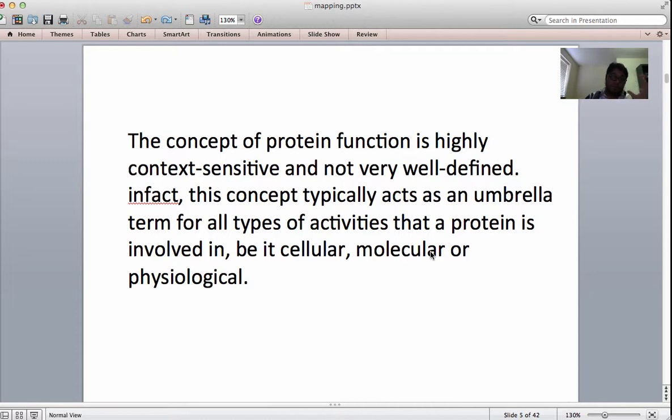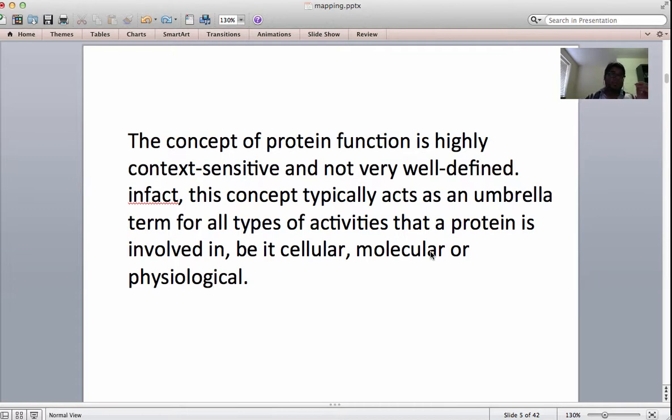But the concept of protein function is highly context sensitive, and it's still not clearly defined, because function acts as an umbrella term, with hierarchically related levels. For example, the cellular function, the molecular function, and the physiological function.